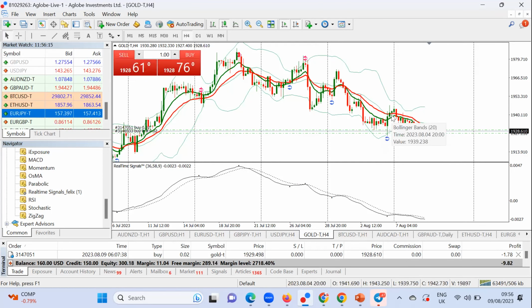And number 2, has crossed this 20. Now, by the time it has moved and at the same time crossed this 20, it's a big confirmation. When 10 crosses 20, you will see that they create a confluence at the middle line of Bollinger.